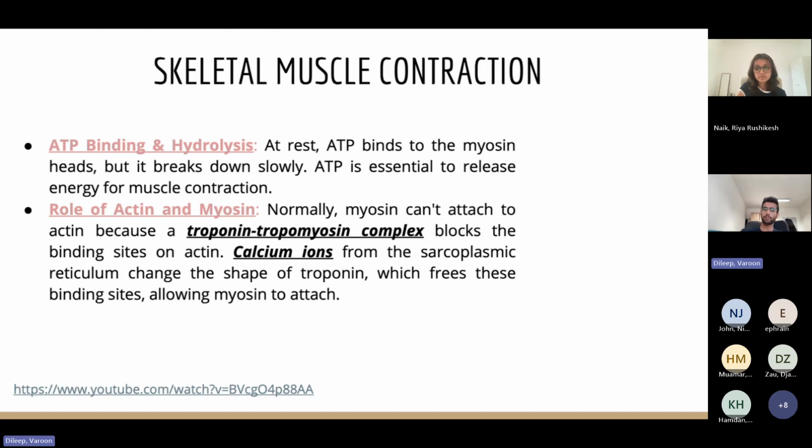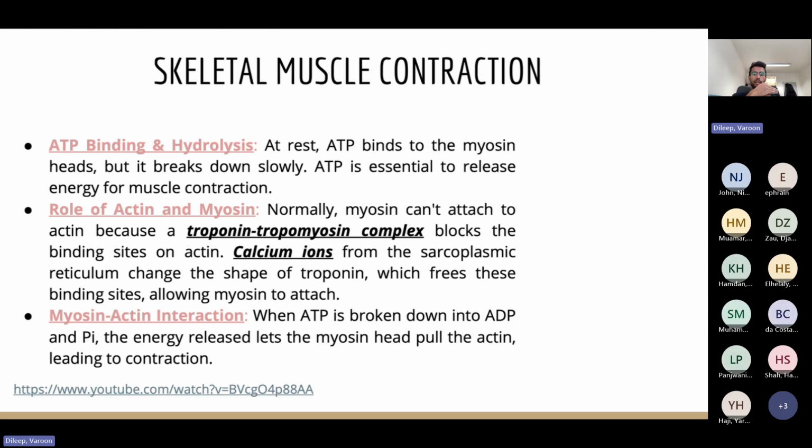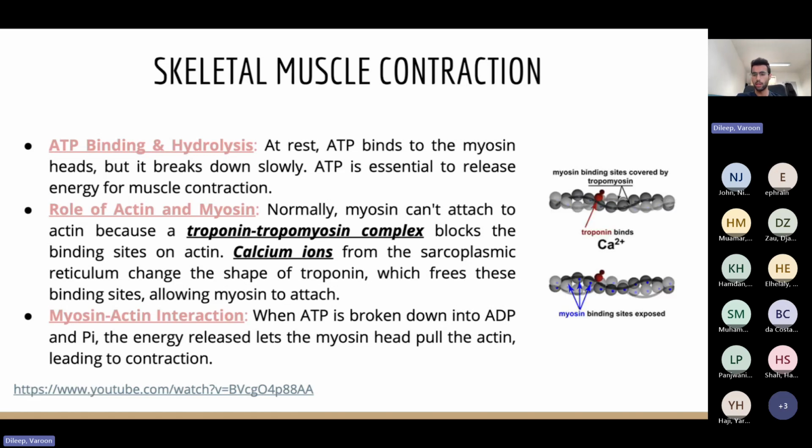After that, the myosin heads have the ATP cap on top. As we said, at rest they had ATP attached to them. This ATP gets broken down into ADP and phosphate, and the energy released is used for the contraction. So on this image, you can see initially we have the myosin binding sites covered by the troponin.